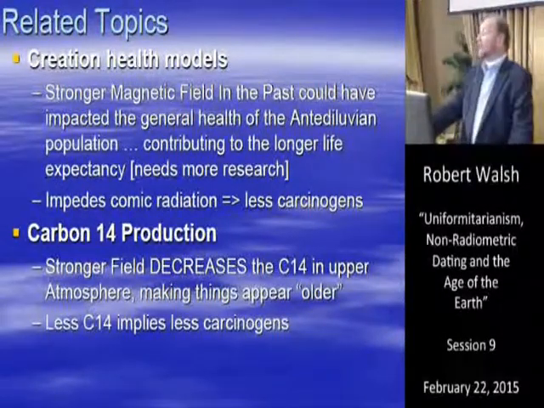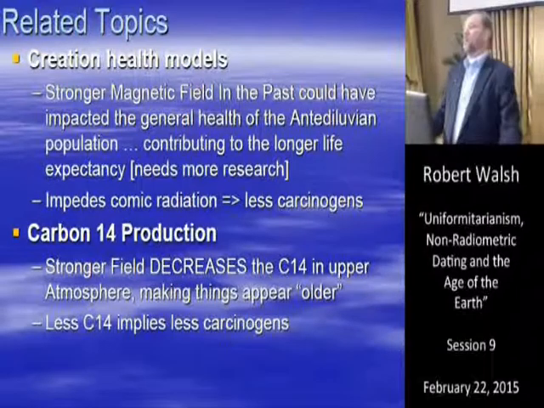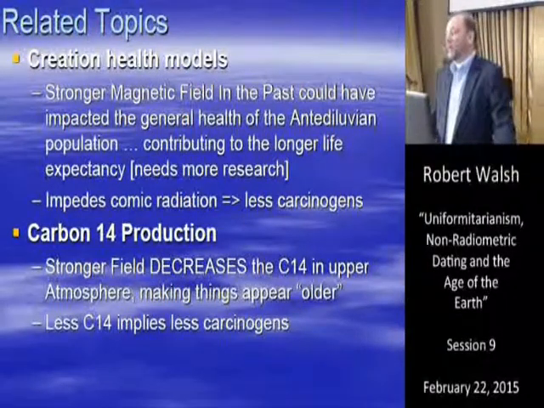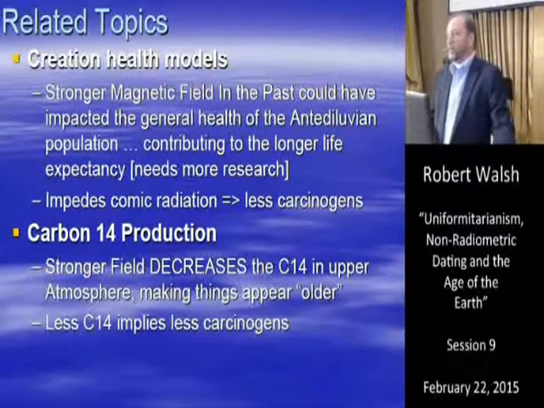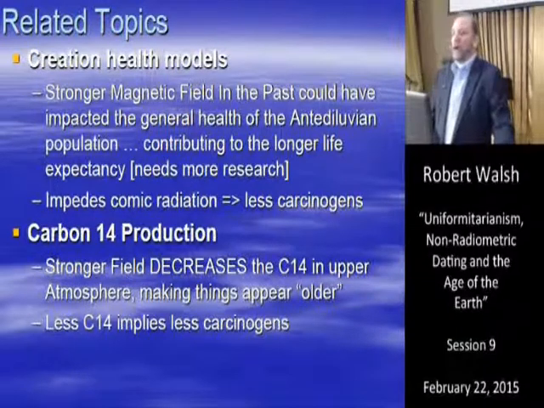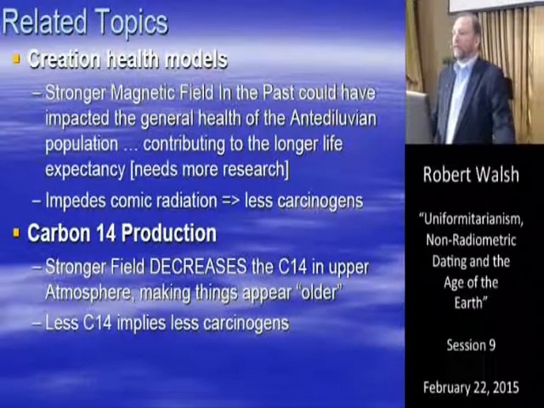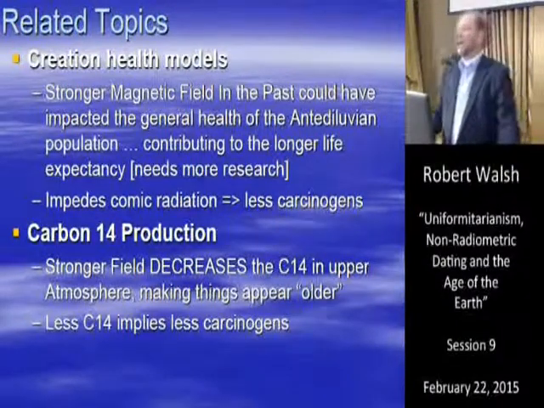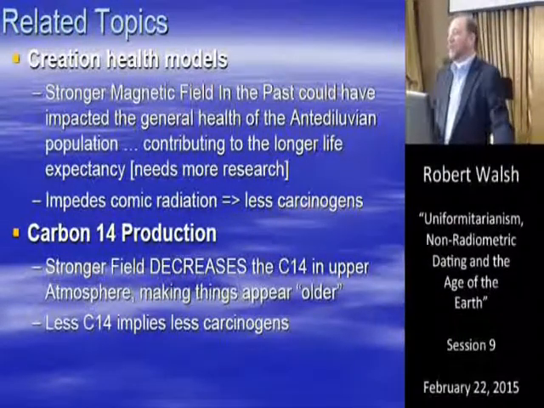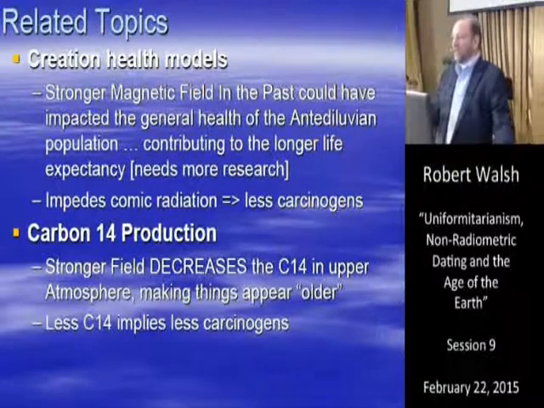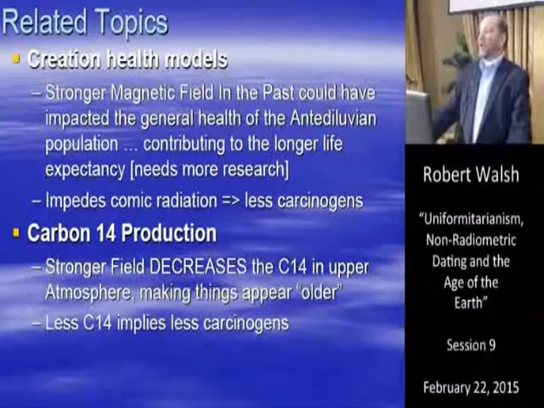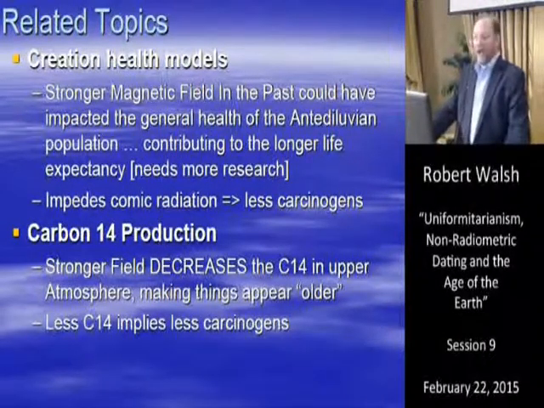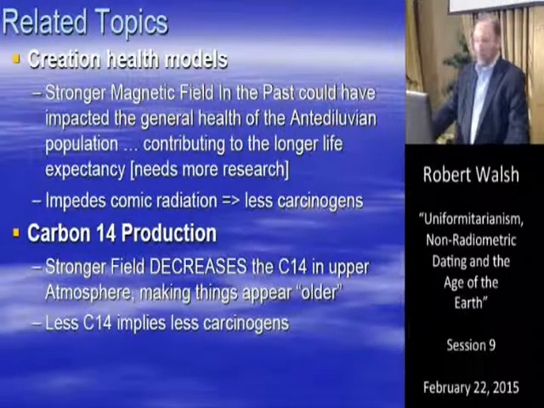There would be less carbon-14 production in the upper atmosphere. If you remember, when we looked at carbon-14, we found that carbon-14 was created by cosmic bombardment of nitrogen molecules and things like that in the upper atmosphere of the Earth, producing carbon-14, it eventually becoming radioactive CO2, animals eating it, and so on.